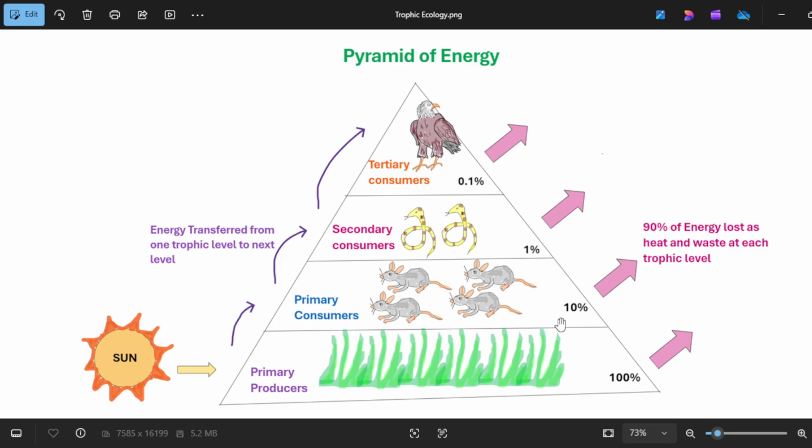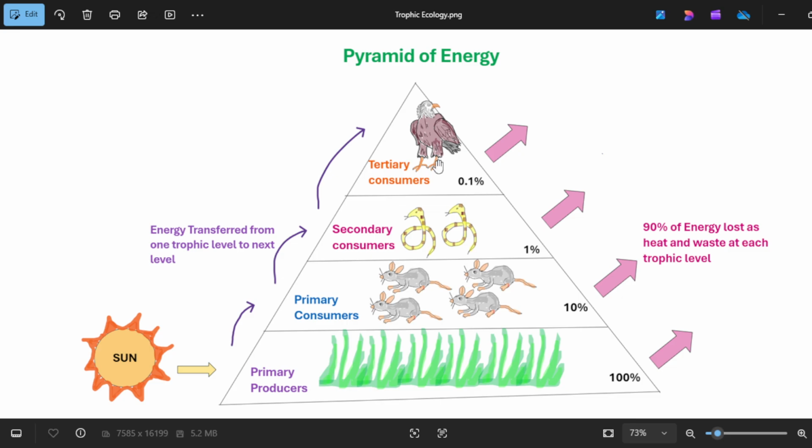Only 10% gets passed. So however much grass you eat, only 10% will be passed on. So it has to eat so much grass to get 100% of energy. After that 10%, at the next level it changes to 1%, because only 10 percent of the 10 percent is sent to the secondary consumers, and then it reaches the tertiary consumer with only 0.1 percent energy.